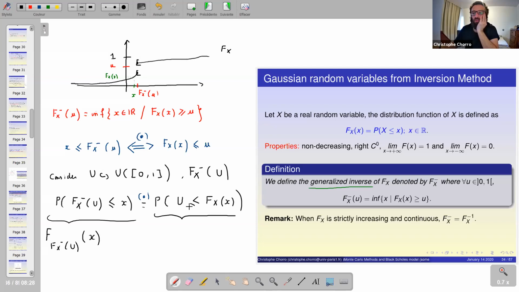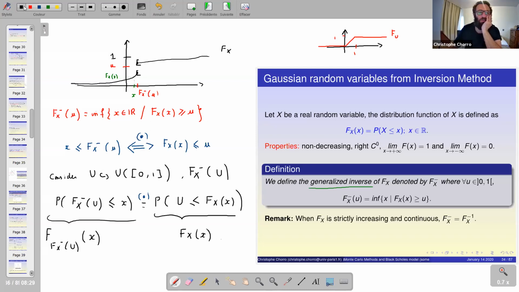And you know that the distribution function of a uniform on 0, 1 is just the identity on 0, 1. So here 1, here 1, and you have here F of u. F_X(x) is between 0 and 1, so I have the identity, and so this term here is given simply by F_X(x).